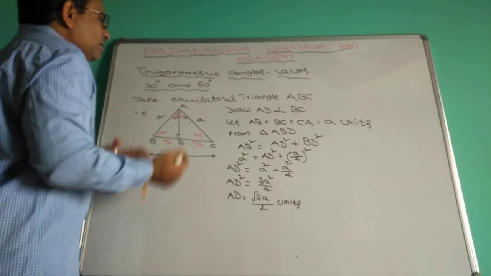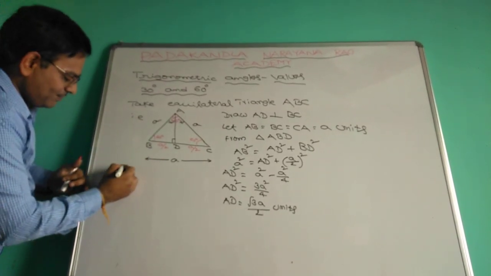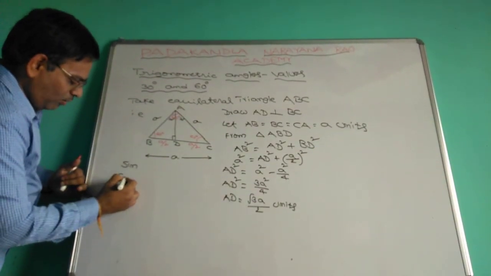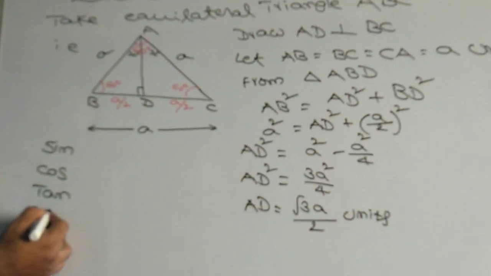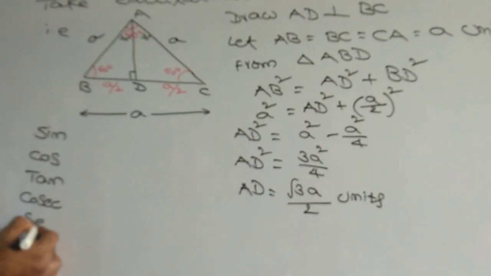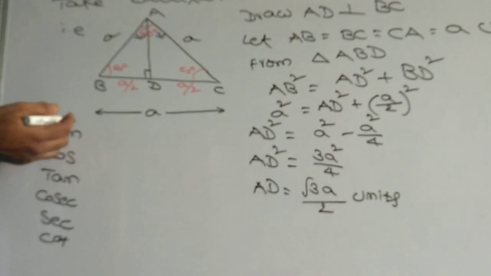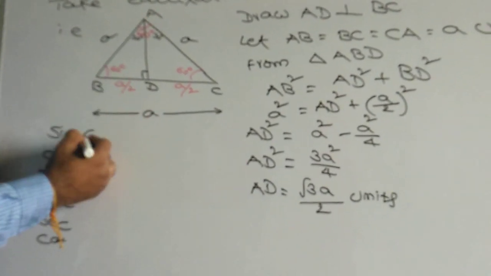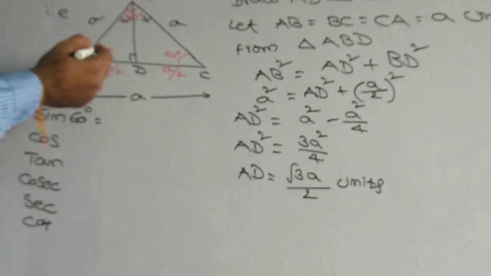Now, trigonometric ratios, everybody knows. There are six: sine, cos, tan, cosecant, secant, cot. For example, now I want sine 60. What is the sine property?